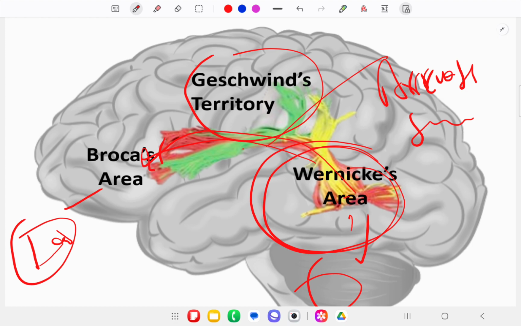Broca's area then turns the words into sounds by moving the tongue.